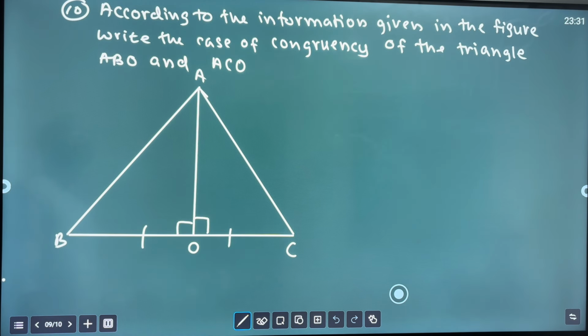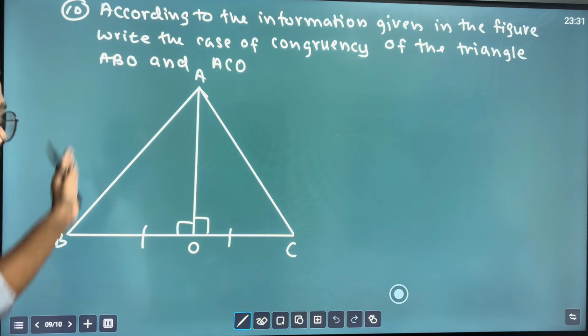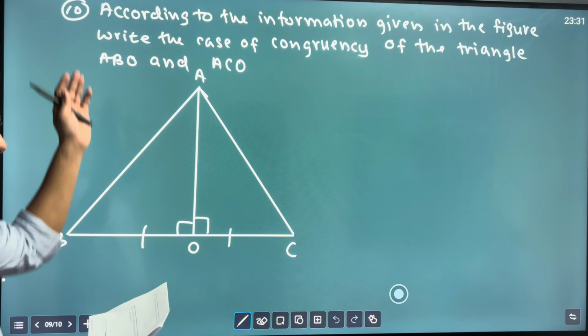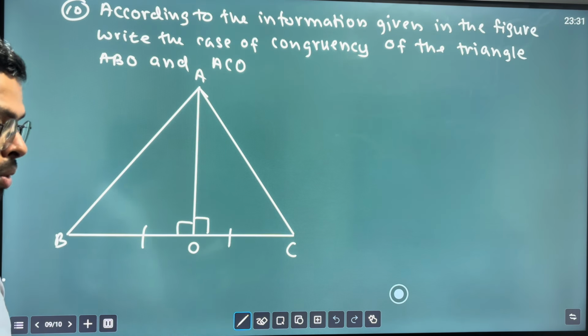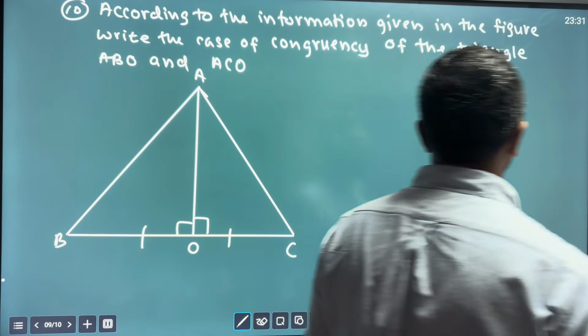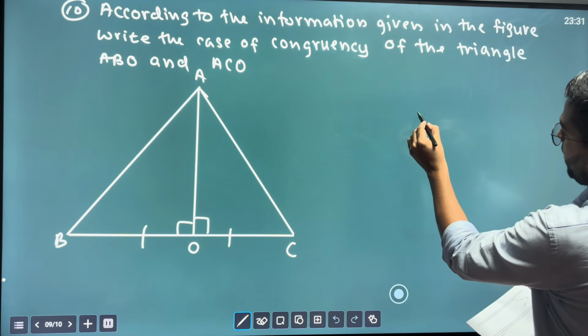According to the information given in the figure, write the case of congruency of triangles ABO and ACO. What are the cases when it comes to congruence of triangles?